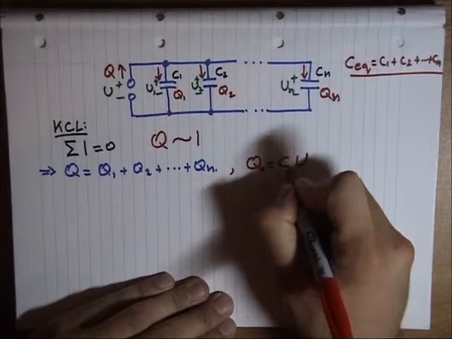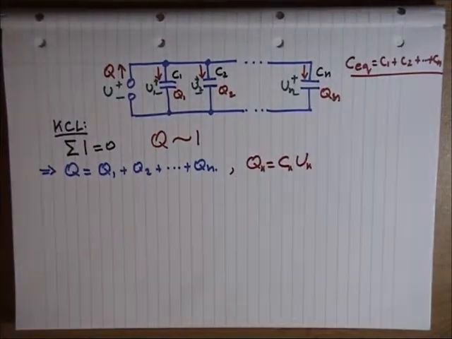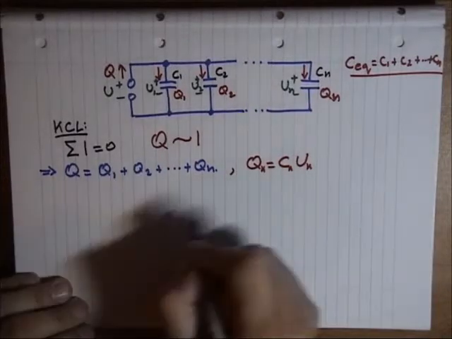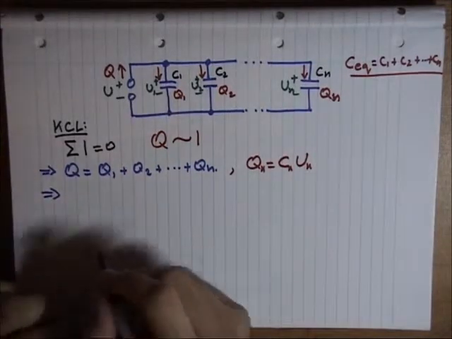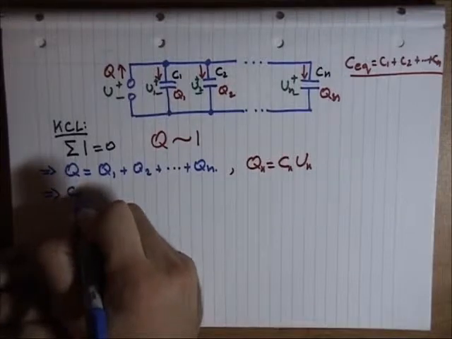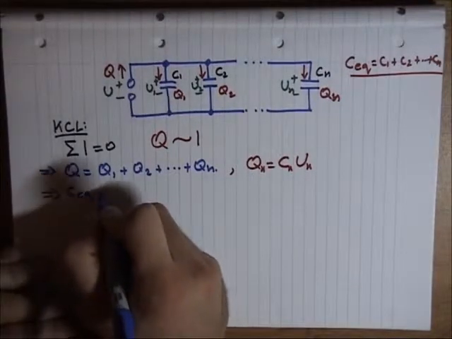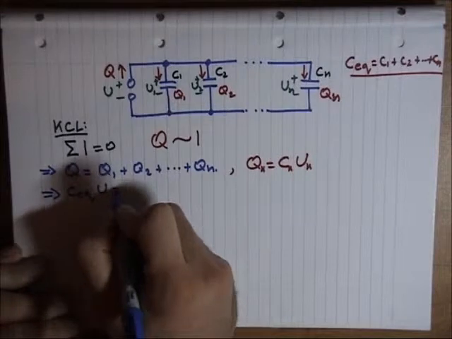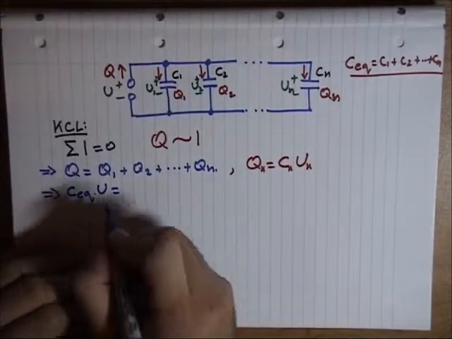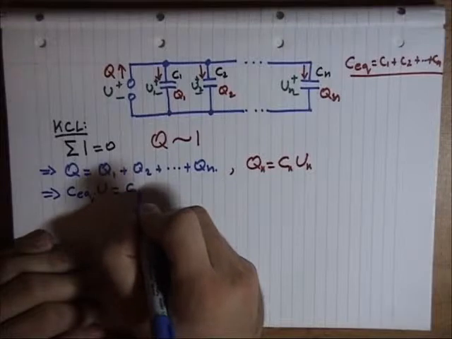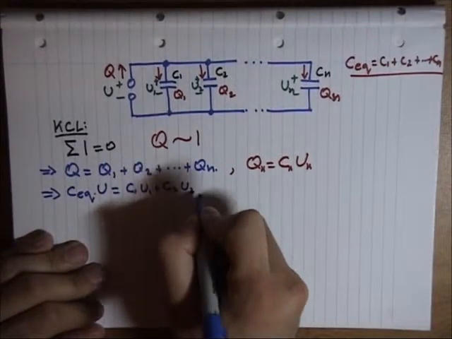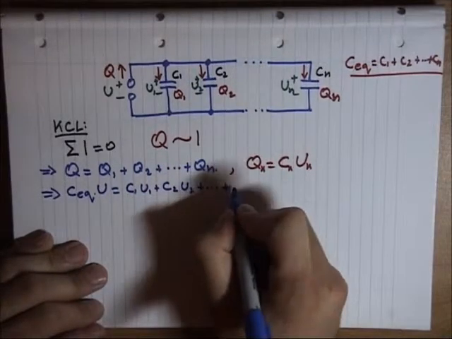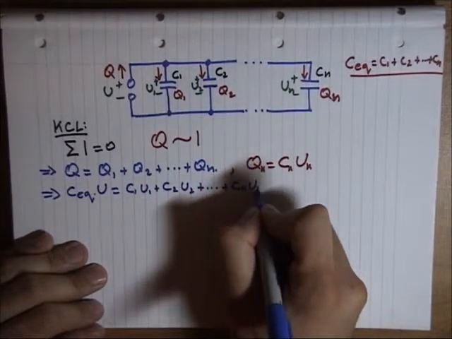Let's denote them as K. And so by substituting this into our equation, we have that C equivalent times U of the circuit is going to be C1 times U1 plus C2 U2 plus Cn Un.